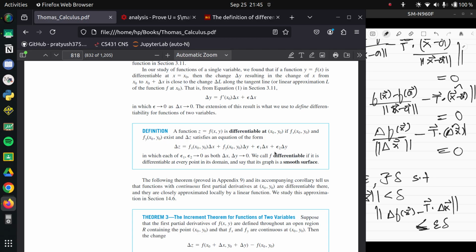Delta z is a function value basically. Okay, so delta f is what delta z is. So delta z minus this stuff, f_x delta x, f_y delta y, that thing is our t vector dot delta x vector. So the norm of that subtraction is equal to some epsilon 1 delta x plus epsilon 2 delta y.